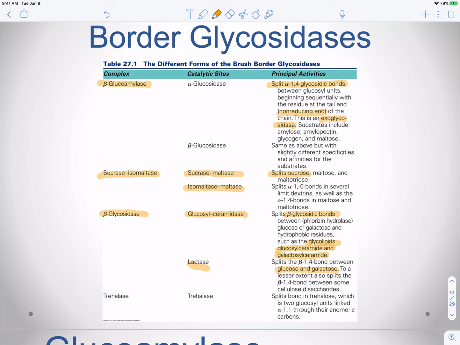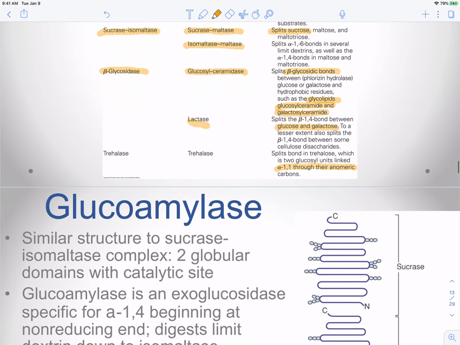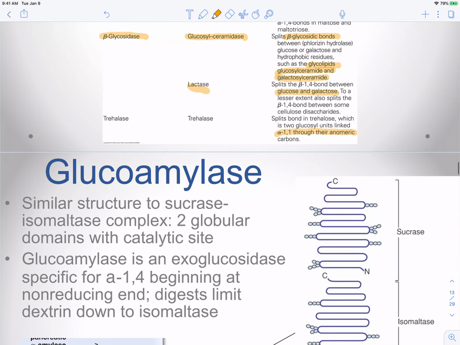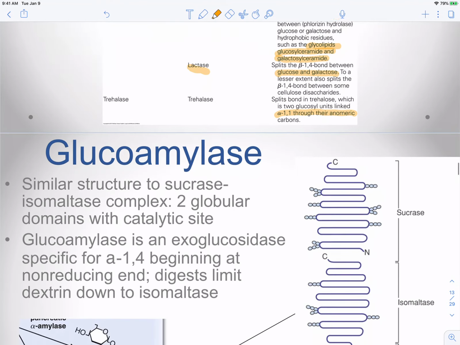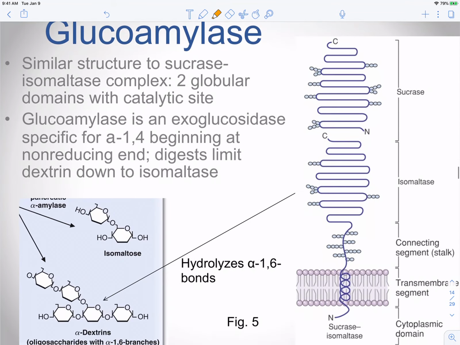Trehalase is going to split the alpha-1,1 bonds through anomeric carbons that are bound together. This is going to be important in insects, for example. But we don't really eat insects, so we don't really digest using the trehalase that much in the United States.